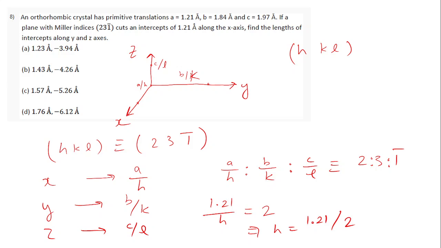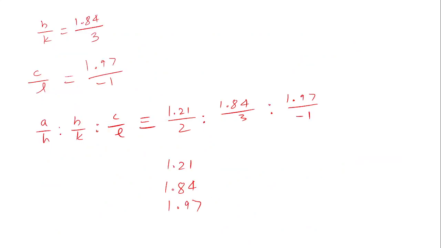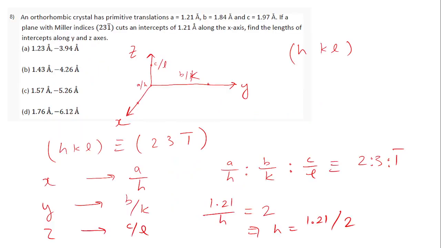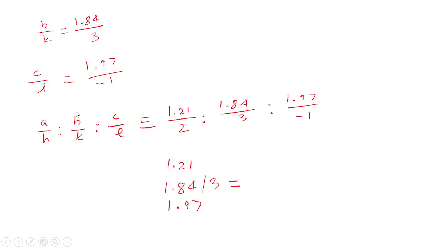Intercept is, oh no, sorry, intercept is 1.84 by 3, which is 0.6133.